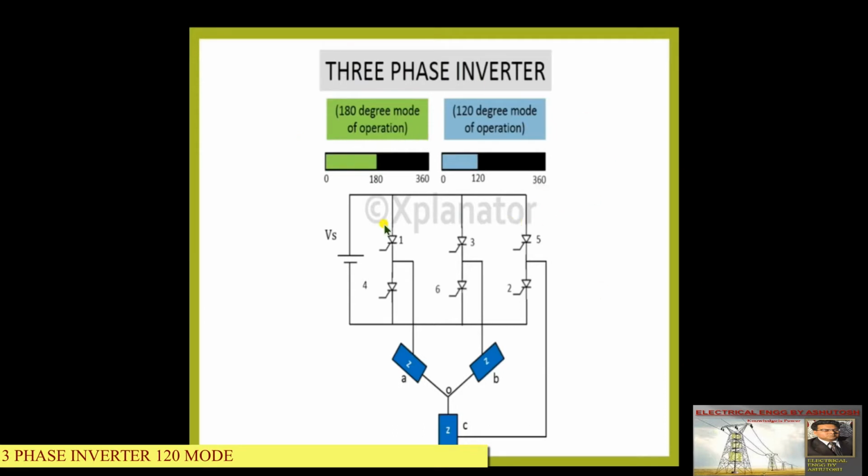As you can see, in the three-phase inverter there are 6 switches. You can use SCRs, IGBTs, or MOSFETs. Here we have used 6 IGBTs, and how are these connected? There are 3 legs, and each leg consists of 2 IGBTs.